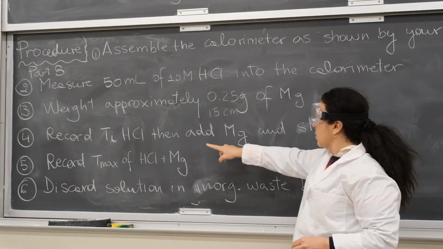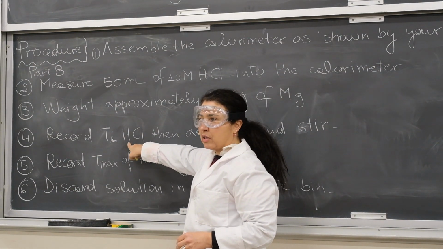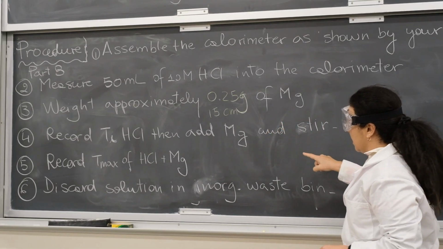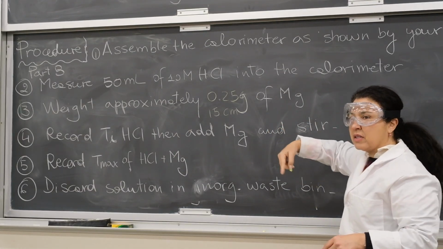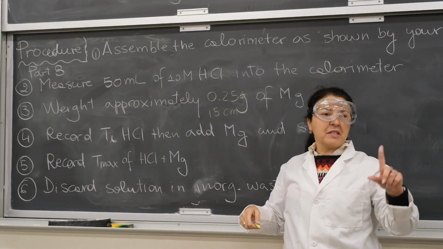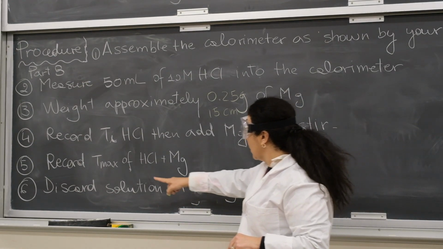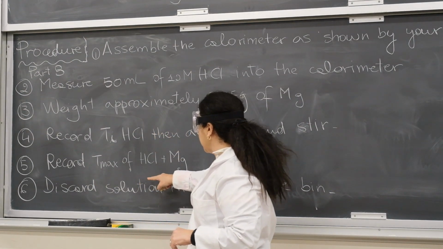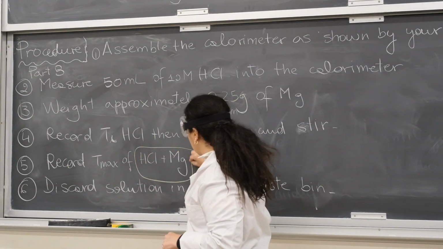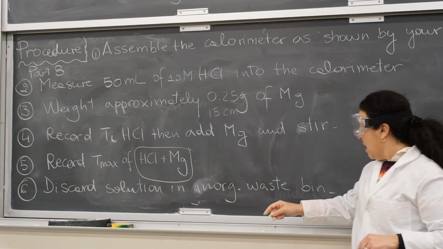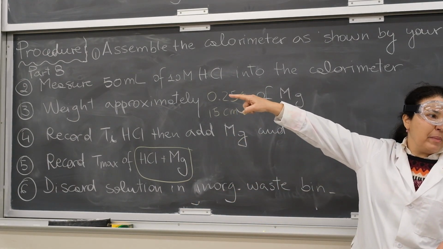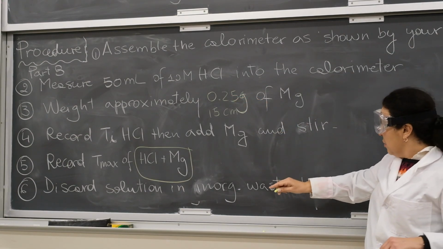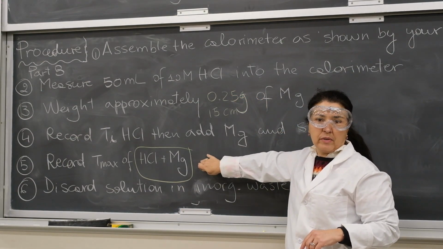So at the beginning you record the initial temperature of the hydrochloric acid, then you dump the magnesium into the calorimeter, start to stir, and the temperature will start to rise slowly. You are going to record the max temperature of the mixture, the hydrochloric acid and the magnesium. Then you discard the solution in the waste bin, okay? You should have no magnesium left over.